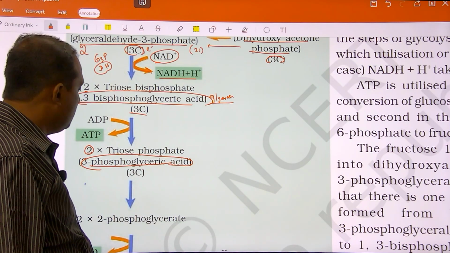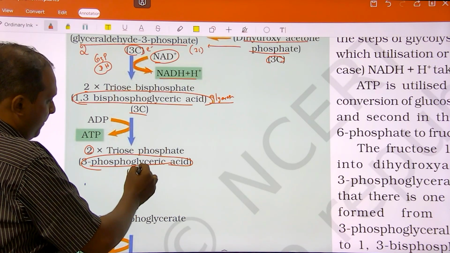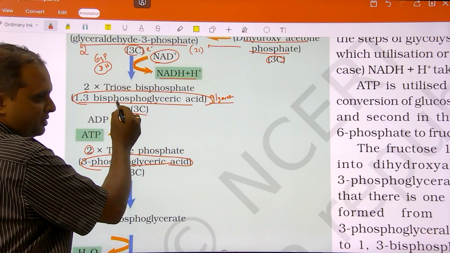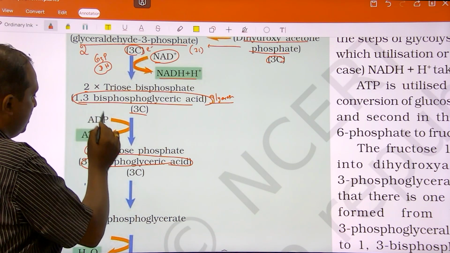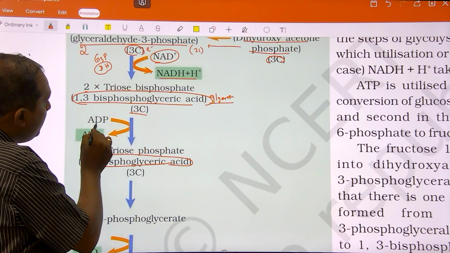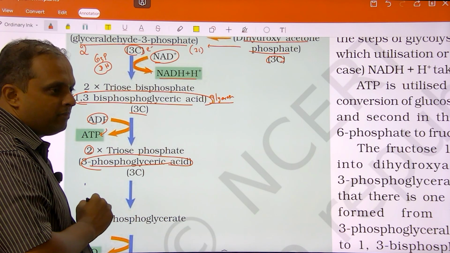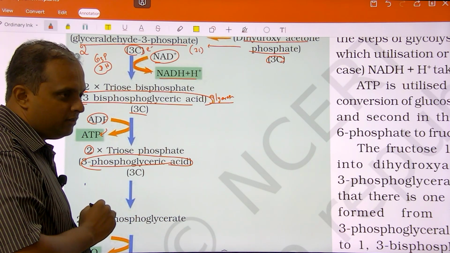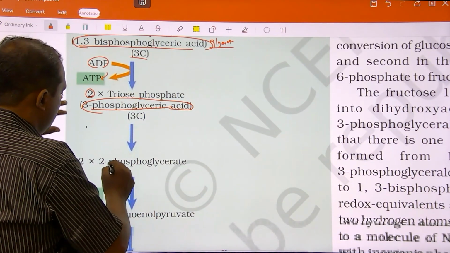This phosphate. அப்போ இங்க how many phosphate are there? 2. இங்க which carbon the phosphate is there? First and third. இங்க அப்போ ஒரு phosphate loss இருக்கா? அது ADP கூட combine ஆகி it becomes ATP. Clear இருக்கா? right?